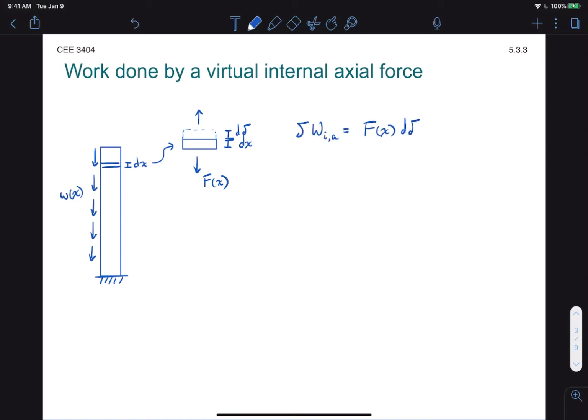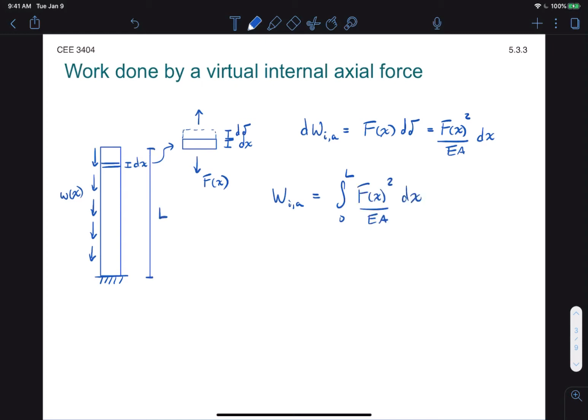And using the relationship between internal forces and deformations, we can simplify this all in terms of x. So the total work done by the axial force in a beam is going to be the integration of the infinitesimal work over the length of the beam.